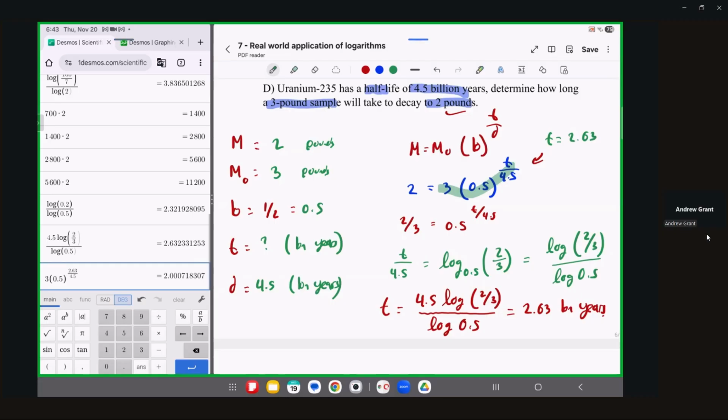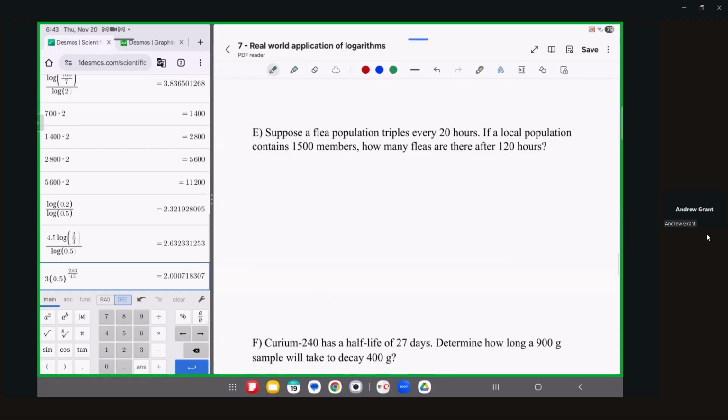Let's continue on. Letter E: suppose a flea population triples every 20 hours. If a local population contains 1,500 members, how many fleas are there after 120 hours?